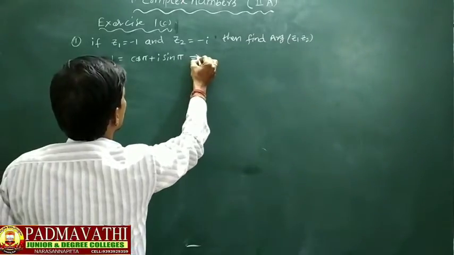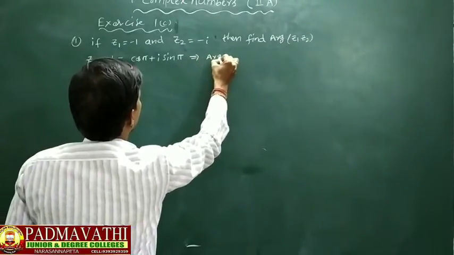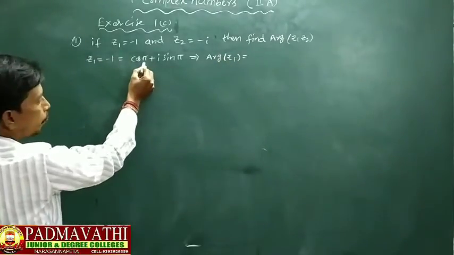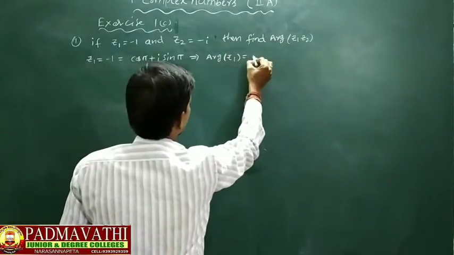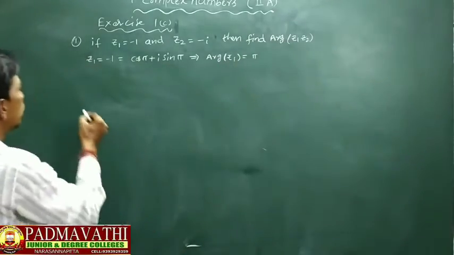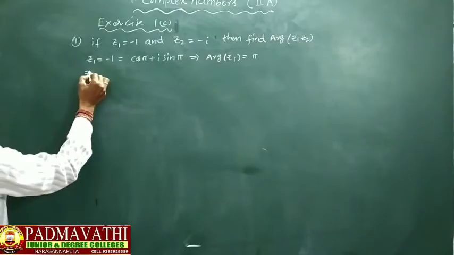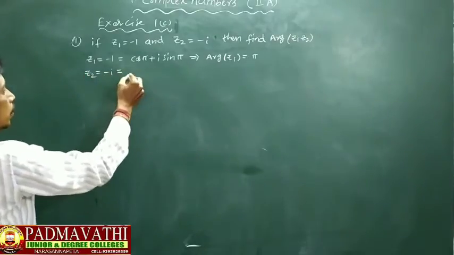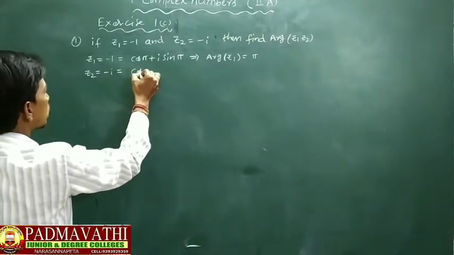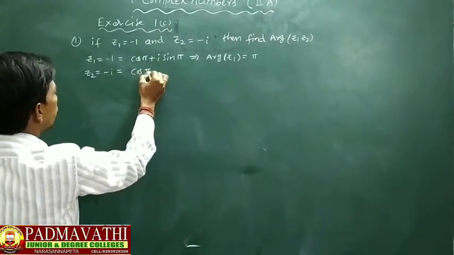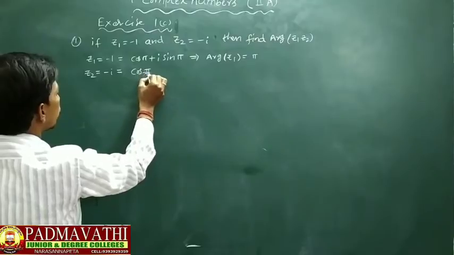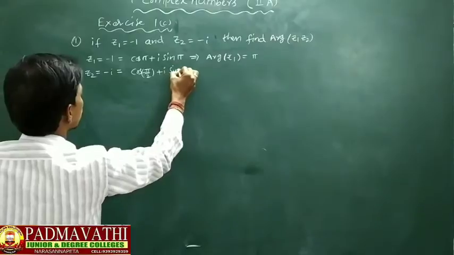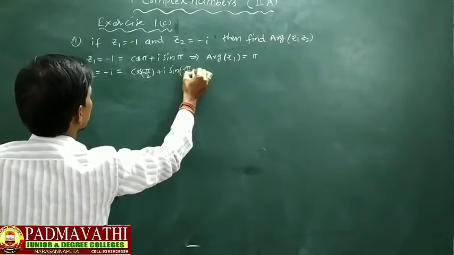So that implies arg z1 equals the angle pi. z2 equals minus i, which is cos(minus pi by 2) plus i sin(minus pi by 2).